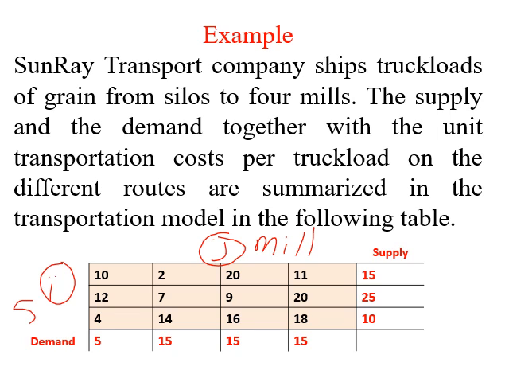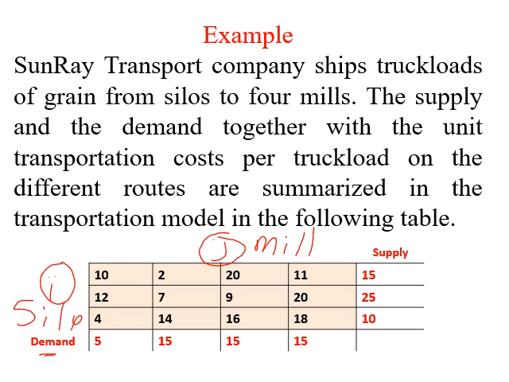Here are the cells that we want to transport to the 4 mills. And we have supply amounts and demand amounts. Here, the transportation model is always a balanced model: the supply amount equals the demand amount. And we have a number of i rows and j columns.